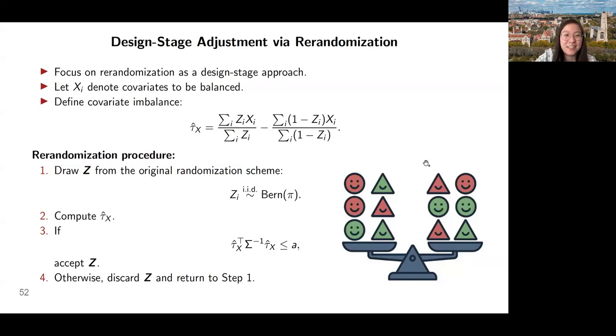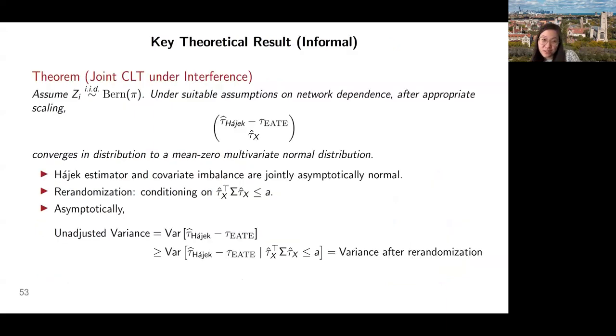Great. So what we show in this work is that, assuming Zi is IID Bernoulli pi, under suitable assumptions on network dependence, after appropriate scaling, the estimator minus our target, together with this covariate imbalance measure, converges in distribution to a mean zero multivariate normal distribution.